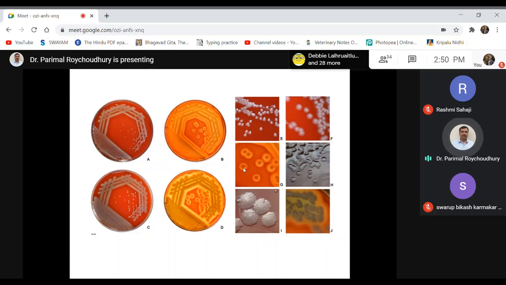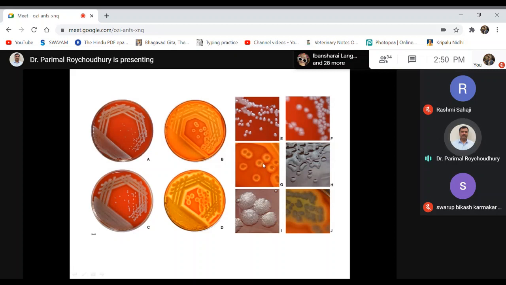Now in this particular picture, you can see several different types of bacterial colonies. Here it is a glistening type colony. Here it is a rough type colony, dull type. It's not glistening; light is not reflected by these colonies. Whereas here you can see very clear reflections. Sometimes we call them translucent colonies. Here also the same.